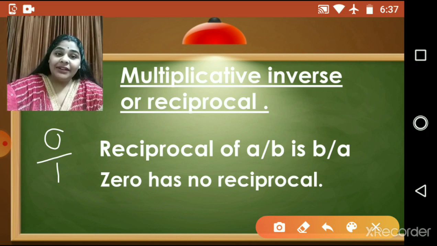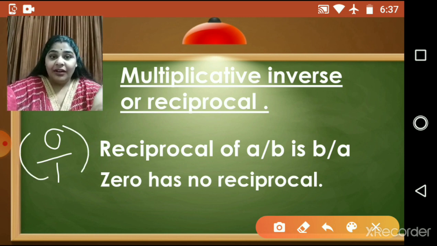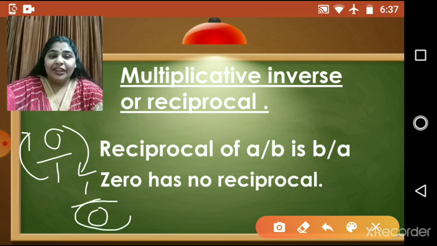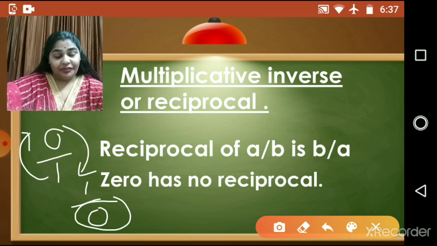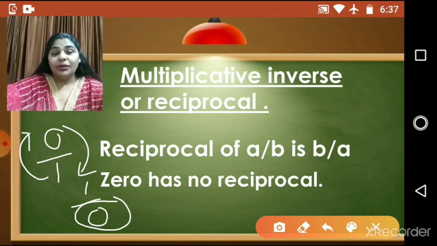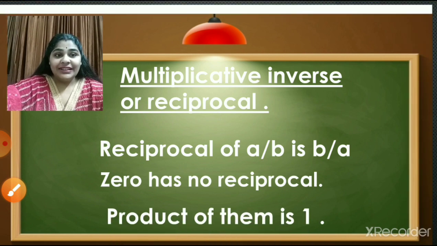If I take the reciprocal and interchange the numerator and denominator, it will be 1 upon 0, and we know the denominator cannot be 0. It is not defined, children, right? So you have to make clear that 0 has no reciprocal. I hope this is clear, children.